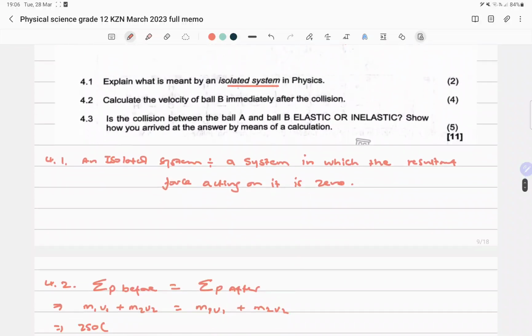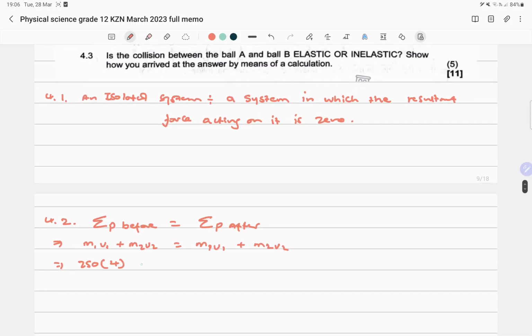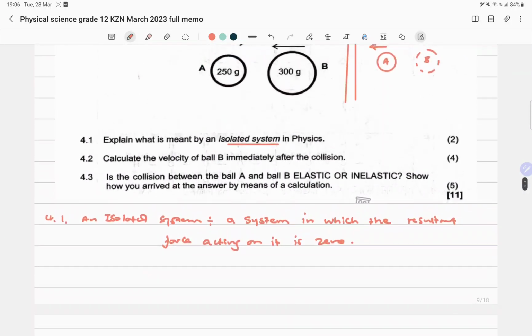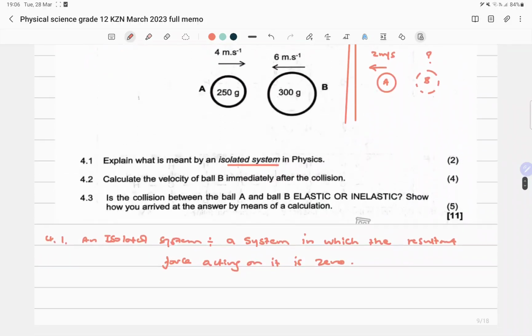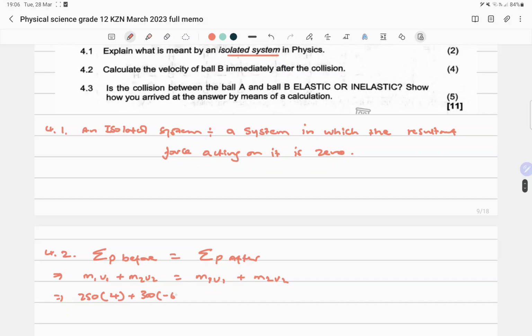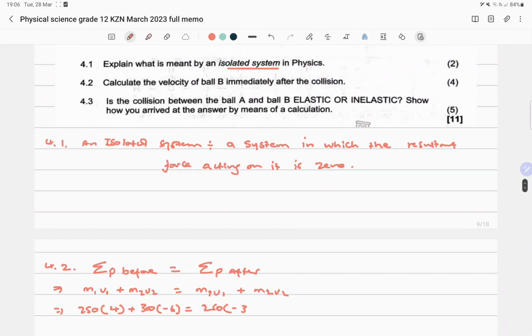So this one was doing 4, plus this one is 300, and it was doing 6 to the left, so it's minus 6, equals 250 times minus 2.